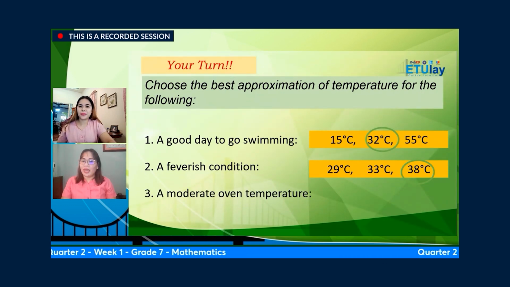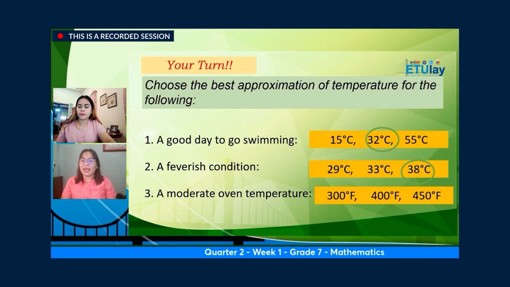For number 3, a moderate oven temperature. We have 300 degrees Fahrenheit, 400 degrees Fahrenheit, or 450 degrees Fahrenheit. What would be the answer? Yes, the answer is 300 Fahrenheit.